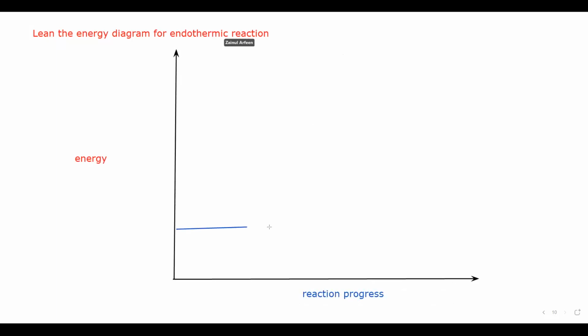So reactants will have low energy in endothermic reactions, and the product which will form will have high energy. So what happened? The reactants absorb energy, and as the reactants absorb energy, their energy is increasing, and at a certain point they start the reaction.